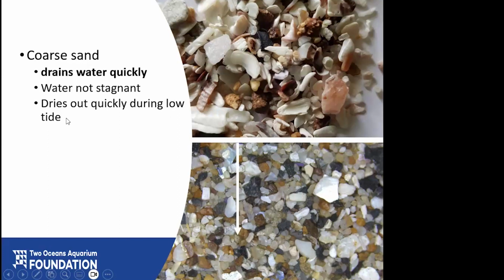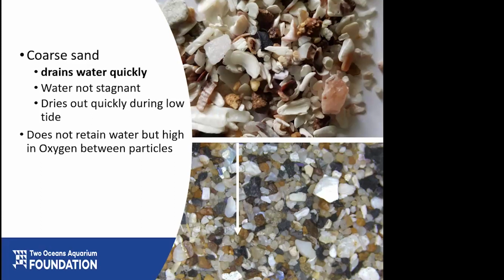Because it drains very quickly, the water is not stagnant, so it doesn't stay in one area and become a bit rotten. And so, as mentioned earlier on, it dries out quickly during low tide. So while it doesn't retain a lot of water, it does have a lot of oxygen between the particles.